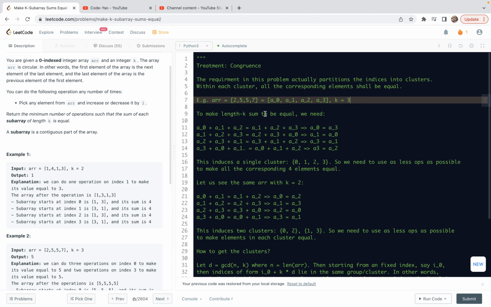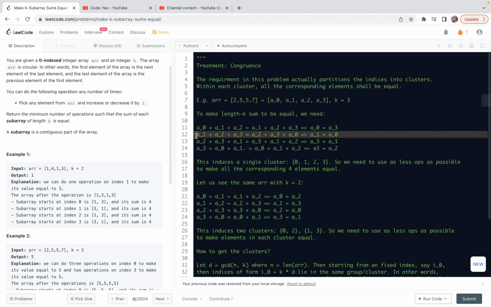To make the length k sums equal, this is length 3, so we have the sum A0 plus A1 plus A2. Then we shift to the right by 1, and this is A1, A2, A3. If we let these two be equal, it yields that A0 must equal A3.